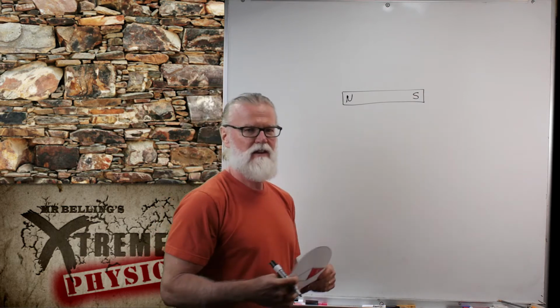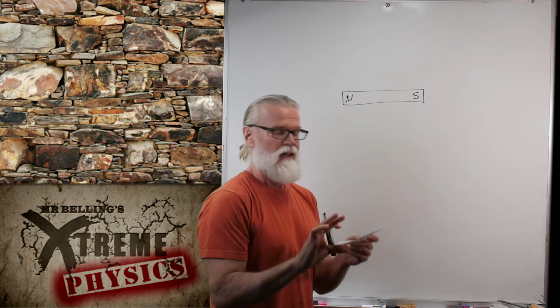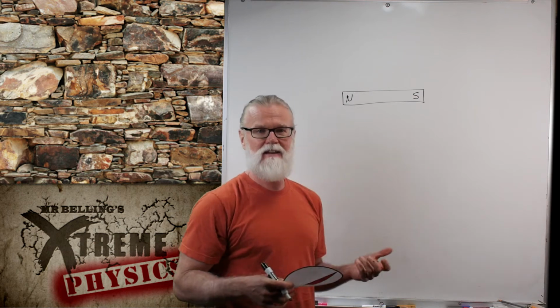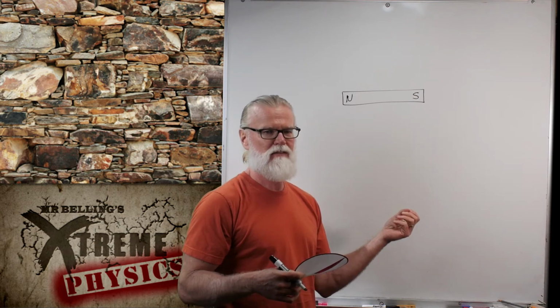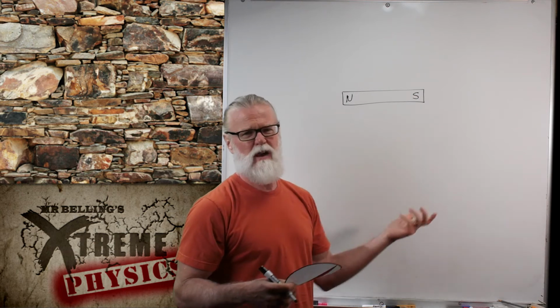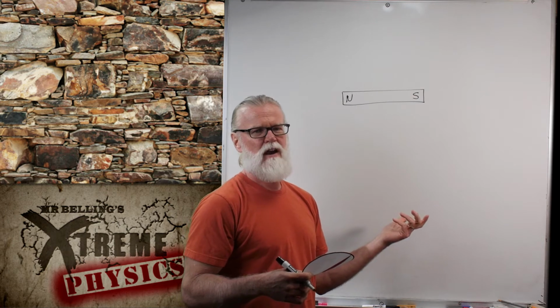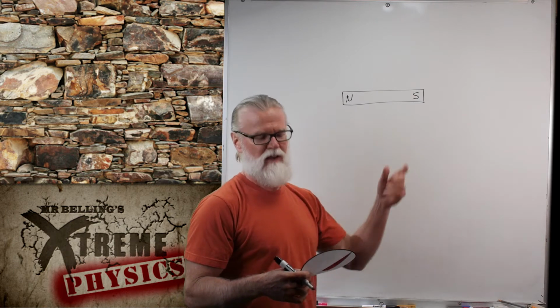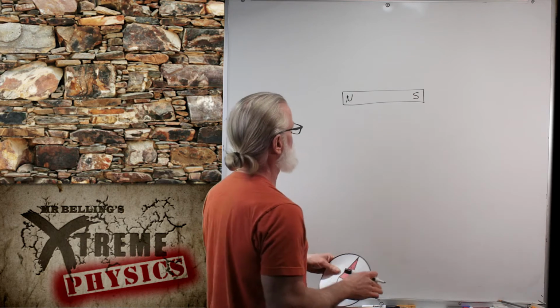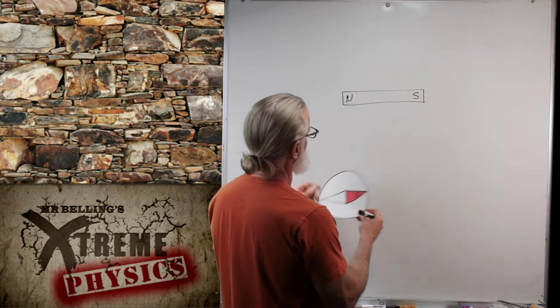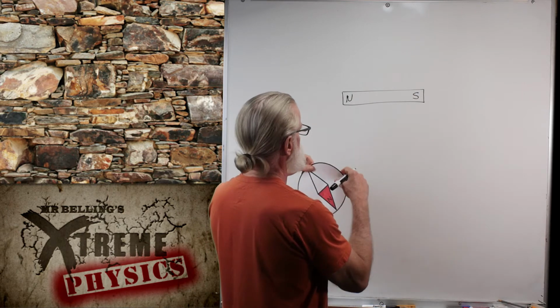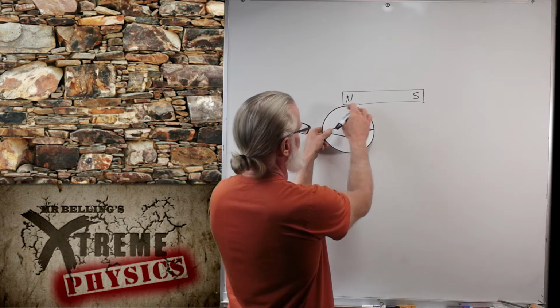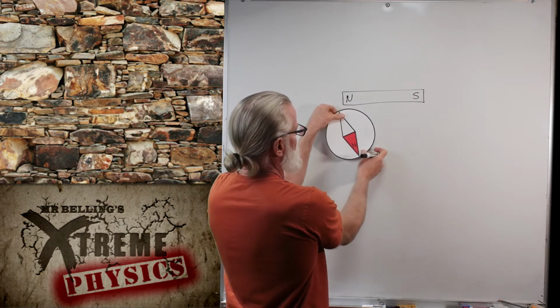So what would the field look like? Well, let's use the compass to aid us. Some of the basics of magnetism is that north and south are attracted to each other. North and north are repelled, south and south are repelled. So, for instance, if I took this compass and put it right here, it's going to align like this.